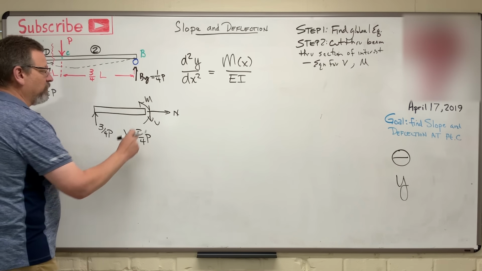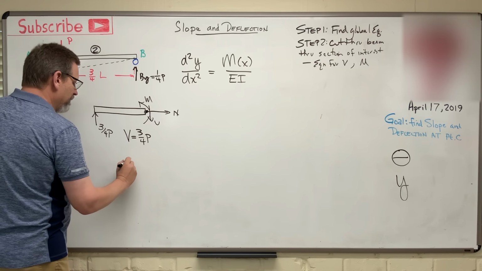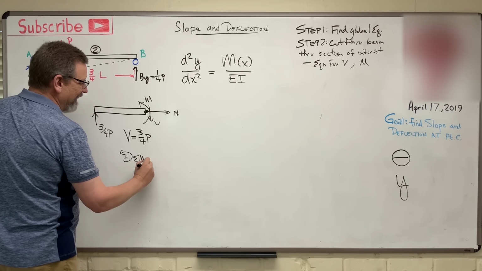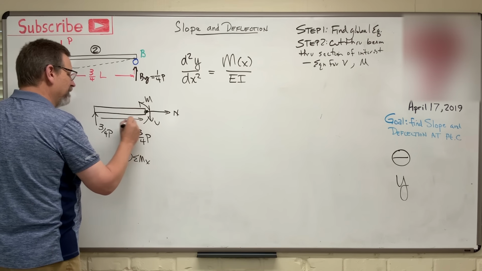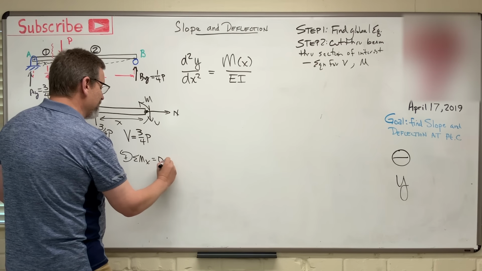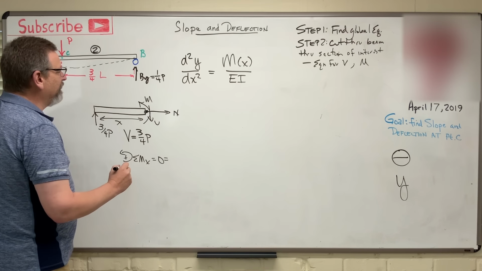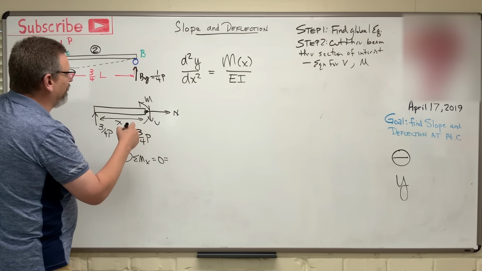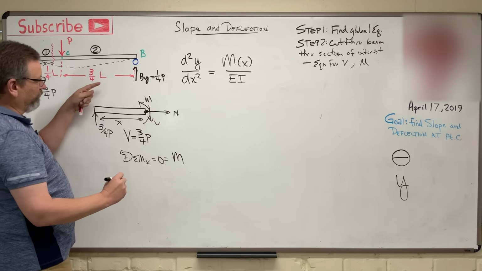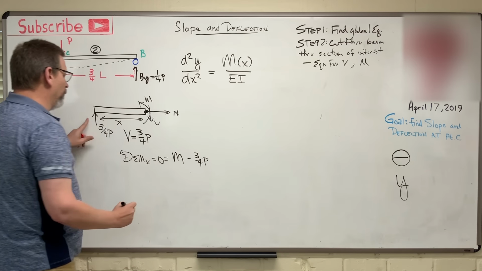Okay, let's get the equation for M now. Let's take the moment here about the end of the beam, okay? Again, this is our positive. So summing the moments, let's say at X, right? This distance here is X, okay? So summing the moments at X equals 0 equals what do we have? We knocked out N and V, but we have this moment, which I drew as positive. So M, and then this guy's rotating me negative, minus 3/4 P times how far away?